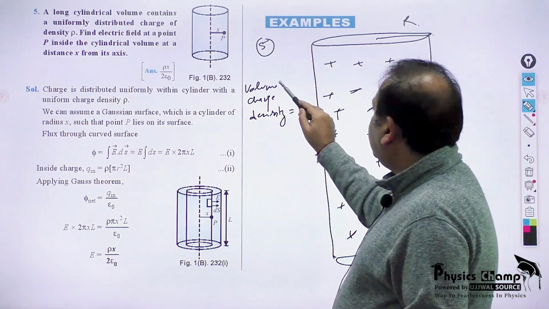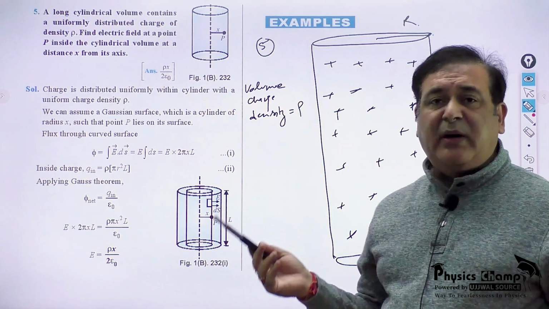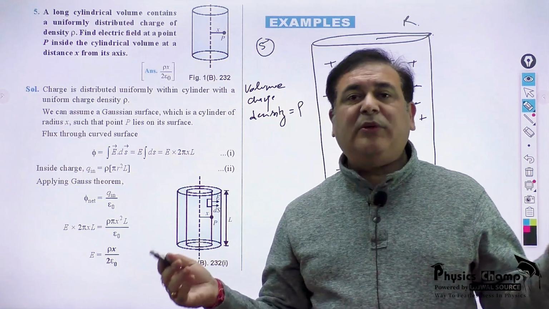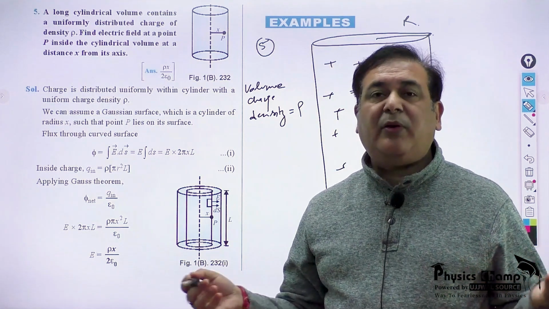So charge is distributed in this big cylinder with a volume charge density rho, charge per unit volume.